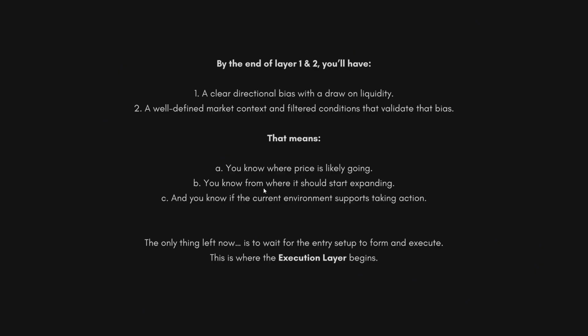Number two, you know where that move should actually begin, or where that move should actually start expanding from. And most importantly, you know whether the current environment is even suitable for trading or not. You know if the current environment supports taking action or executing or framing trades or not.